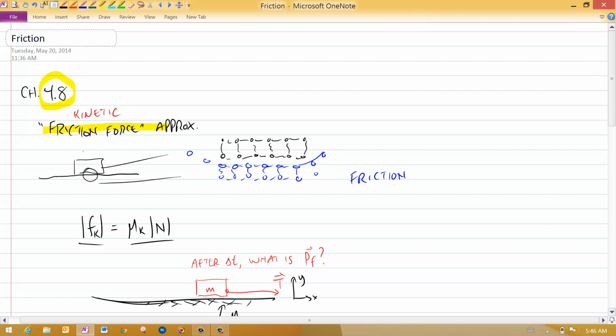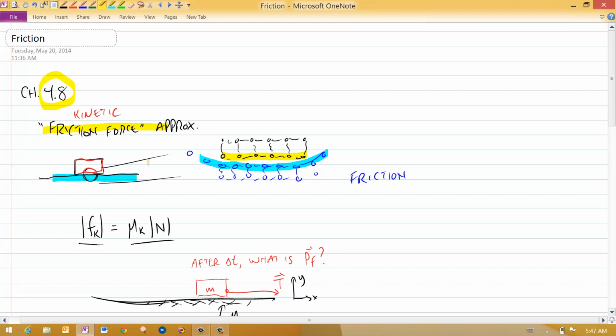So here is a sketch of a block that's sitting on a table, and I'm going to blow up this section right here. The blue is showing you the table. Where the block is actually contacting the table, the atoms of the table are being slightly depressed. It's made out of these atomic level springs, and they're being pressed downwards because the surface of the block is also composed of matter, and the weight of the block is pushing this thing down.